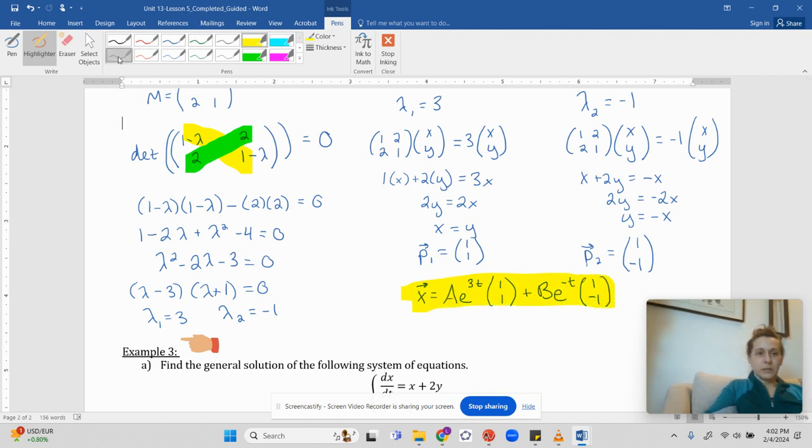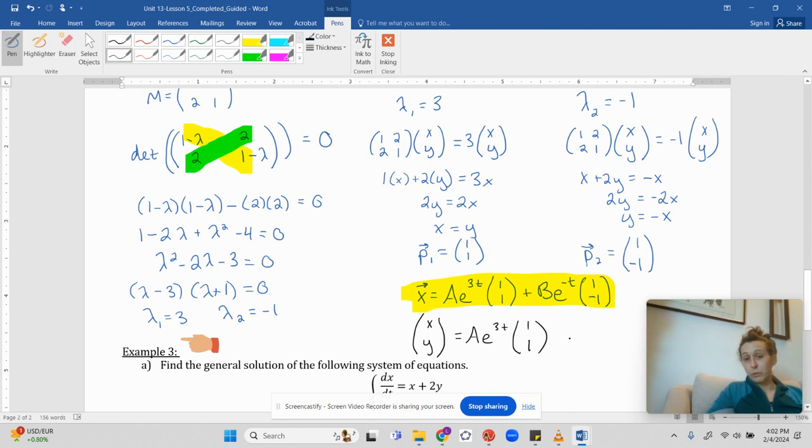This does mean, just to make sure we understand, this is x y equals a e to the 3t times 1, 1, which is just a e to the 3t, a e to the 3t, plus b e to the negative t times 1, negative 1. If you wanted to, you could find just x.